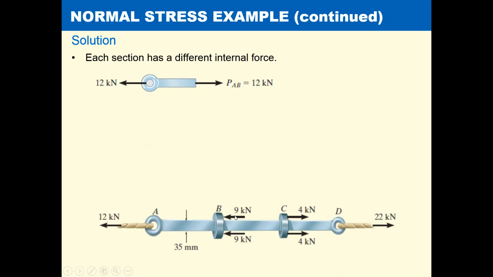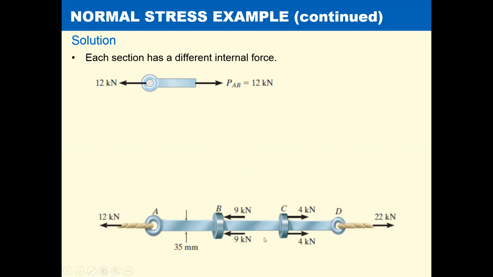Now, to get the internal force between B and C, we need another free body diagram. We're going to cut the section somewhere between B and C, and take this left side. We don't have to take the left side. We could just as well take the right side and get the internal force that way. It doesn't really matter, whichever is the most convenient.